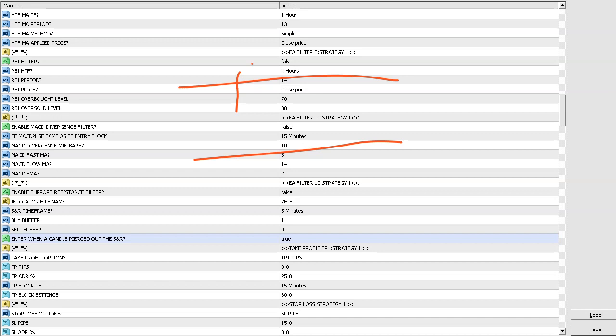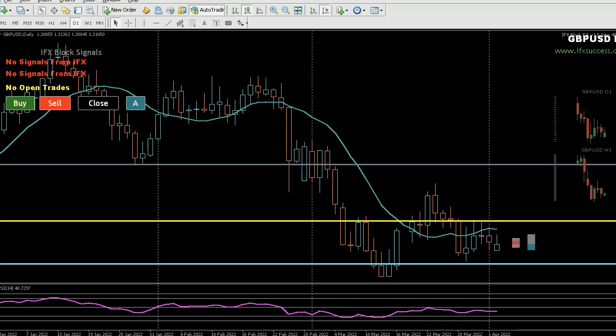If we have an entry outside of my resistance, it is going to take it, or if the price happens to be inside of my resistance, it is going to take it. But even just by one candle piercing out, and maybe it comes back in here and gives me a buy or sell entry, then it's going to trigger. Pretty much that is what is going to happen when this is true and when it's false. So it is a major difference. I'm going to show you an example right now how this works.